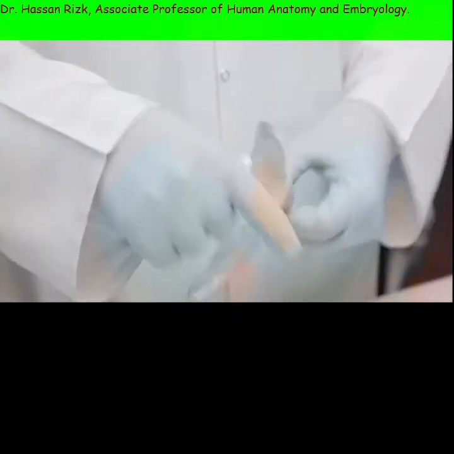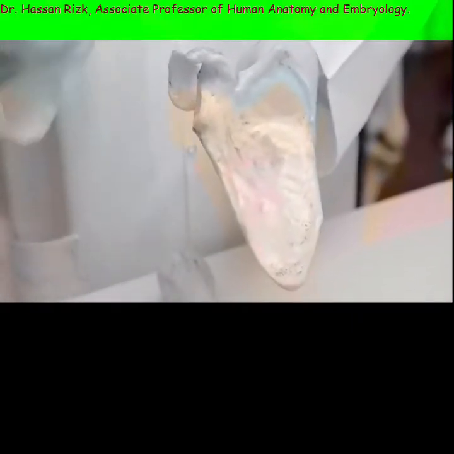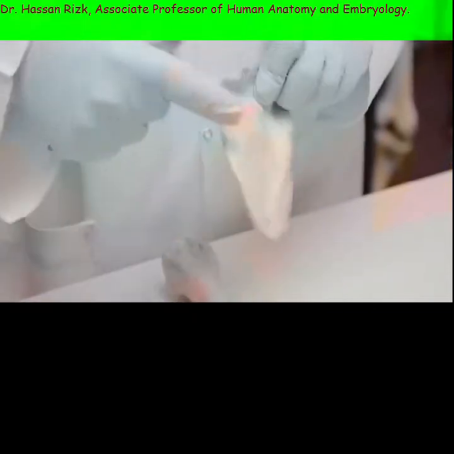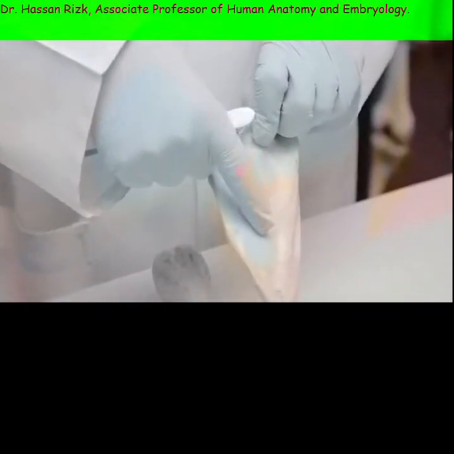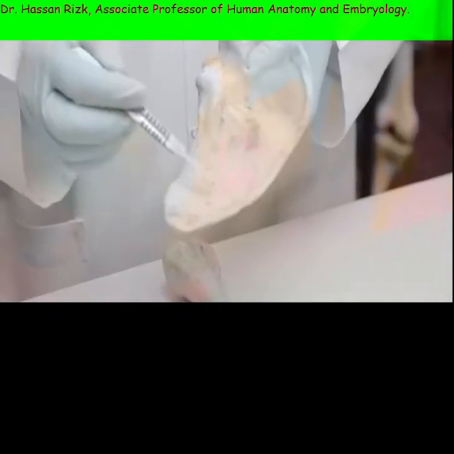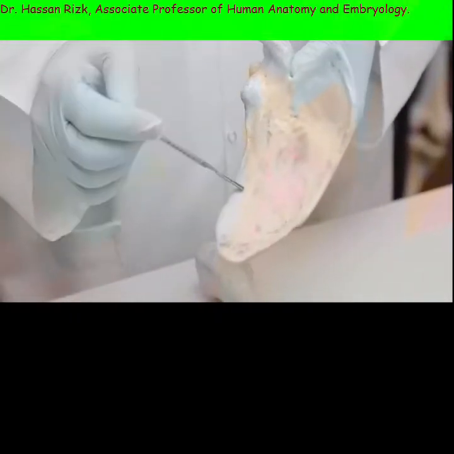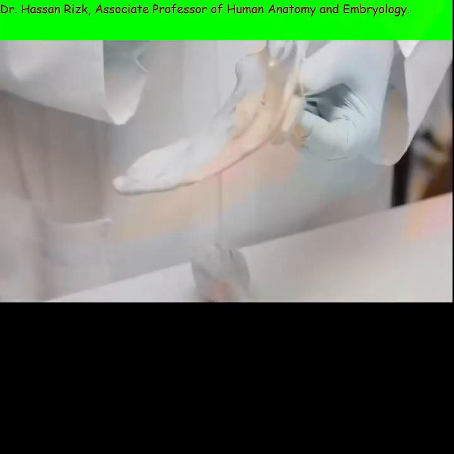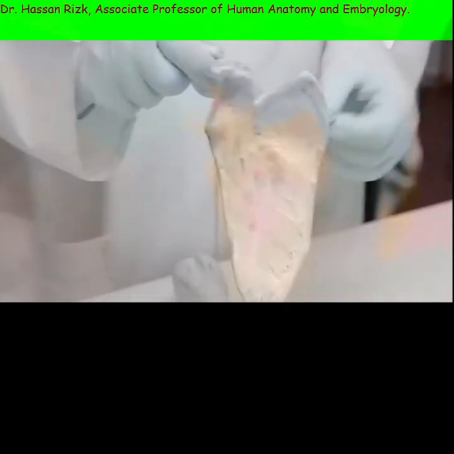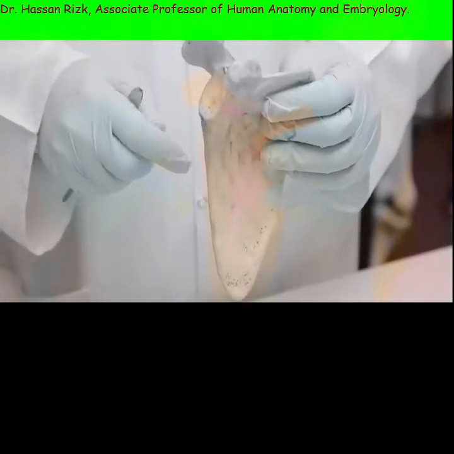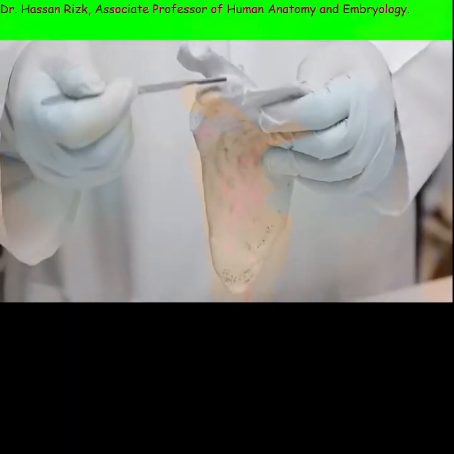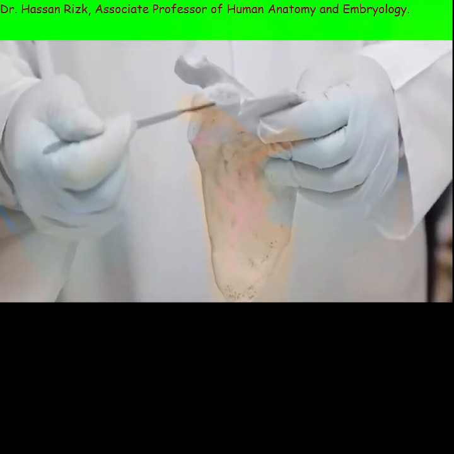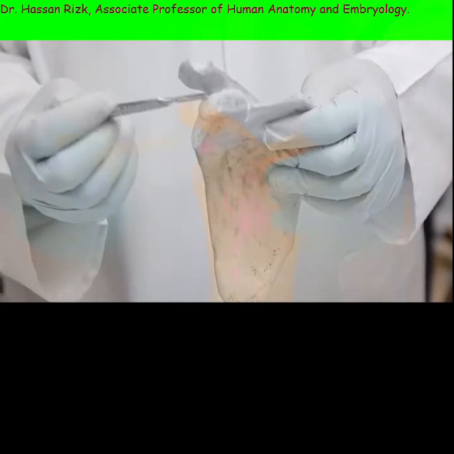So again, the scapula has three angles, three borders, two surfaces, anterior and posterior or dorsal surface, and three fossae: subscapular fossa, supraspinous fossa, and infraspinous fossa. And it also has three processes. This process of the scapula is known as the coracoid process.